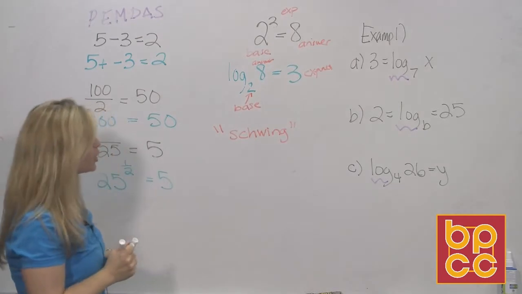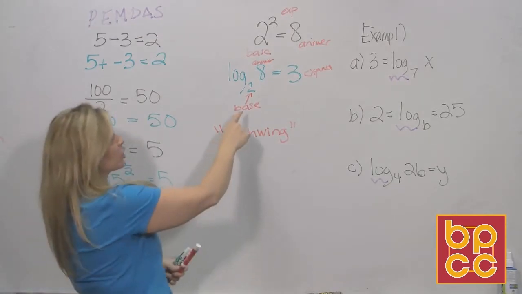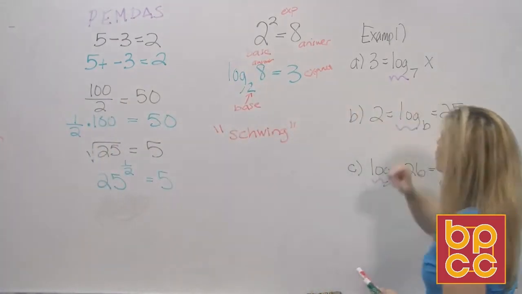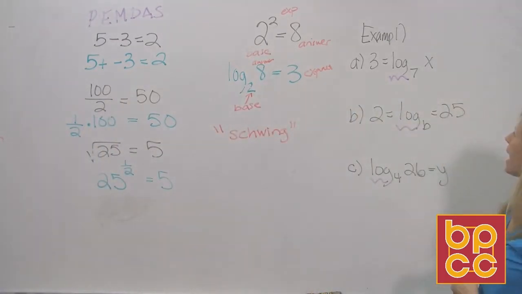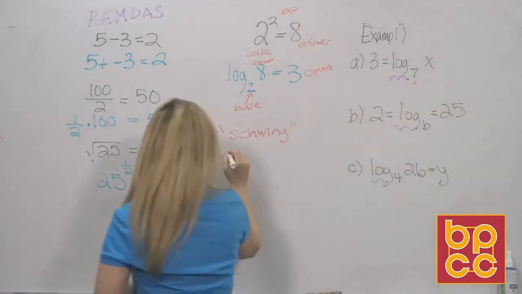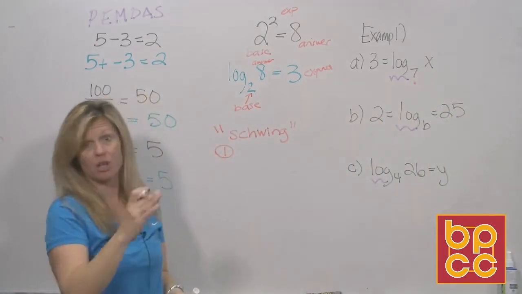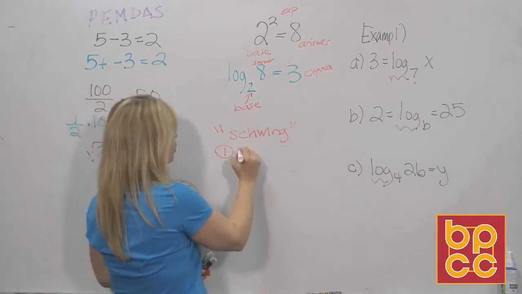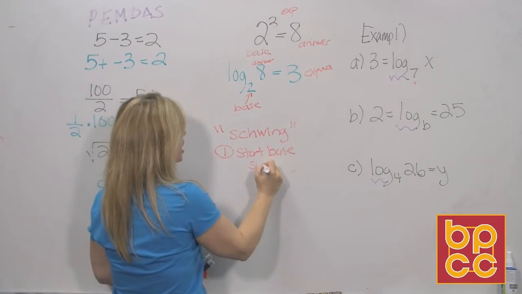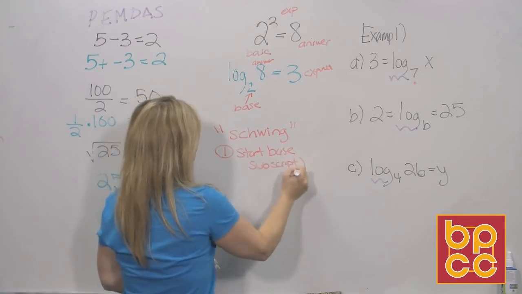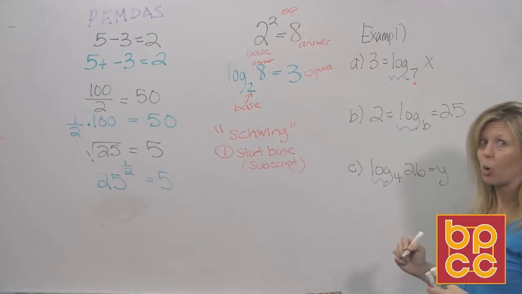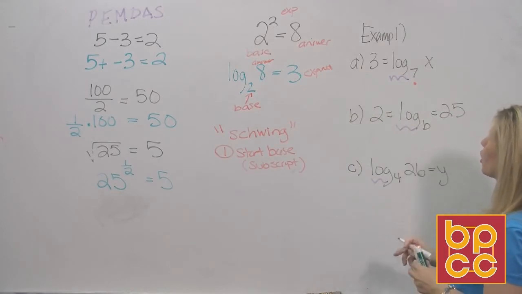So the first thing you're going to do is because an exponential equation has to start with a base. When you look at a log equation, what is your base? Your base is always the subscript. So you put your finger on the base. So when I swing, which we're going to be swinging for this whole module, you start with the base, which is the subscript. And then the way you're going to make this visual swing is you're always going to move towards the equals.